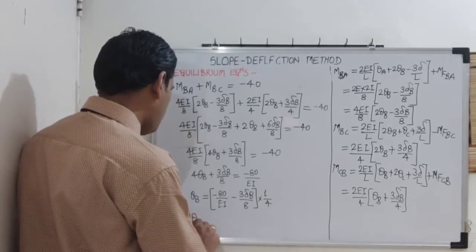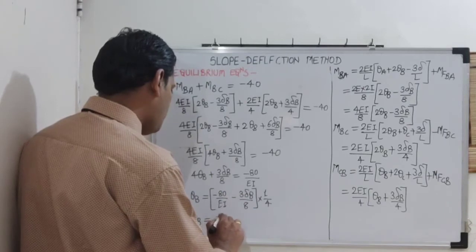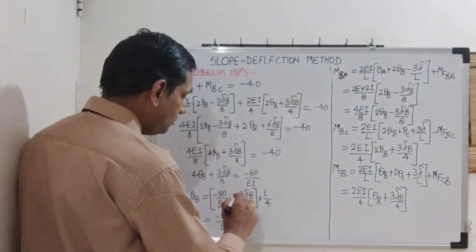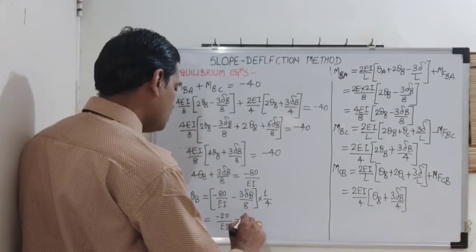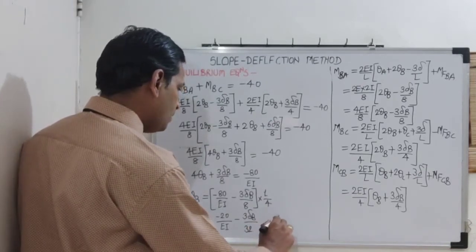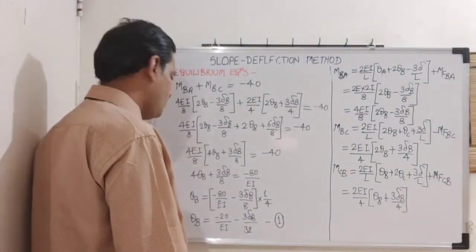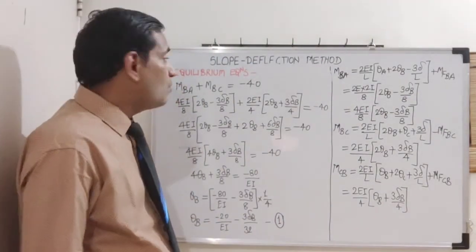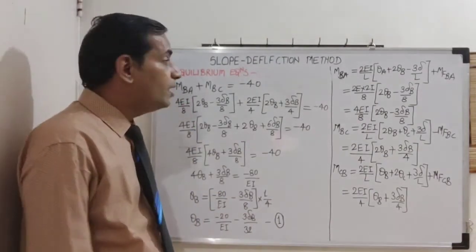So theta B is minus 80 by 4, which is minus 20 upon EI, and minus 3 by 8 into 1 by 4 is minus 3 by 32, so minus 3 delta B upon 32. This is equation 1, our first equation. We will frame one more equation from another condition of equilibrium. What will be that condition of equilibrium? Let us see.